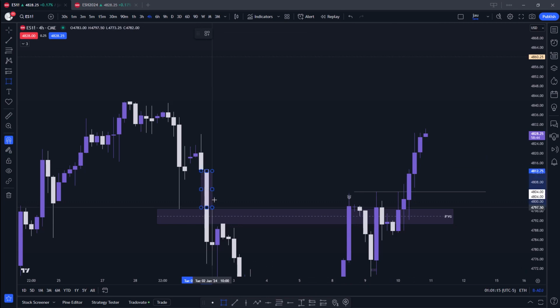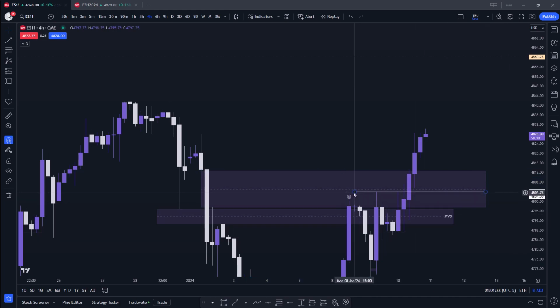We have this massive fair value gap there, pulled out in time. Notice that the immediate rebalance is just below the consequent encroachment of this inversion. So we have these two possibilities. We have that inversion and we have this one.